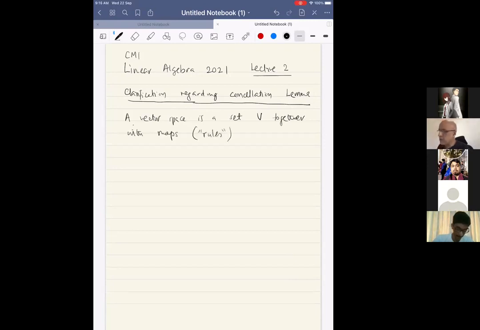Rule is an informal way of talking about a map. Rule is a prescription. There are 2 maps, V cross V to V. This map is called vector addition, and R cross V to V. This is called scalar multiplication.